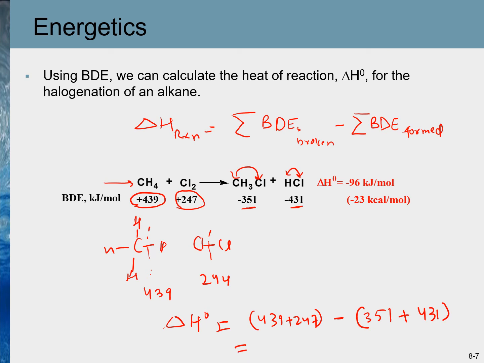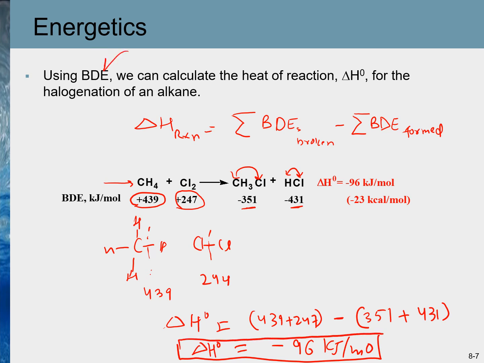If you calculate all these, the result will be negative 96 kilojoules per mole. And that's how chemists calculate the enthalpy of any reaction using the bond dissociation enthalpy values.